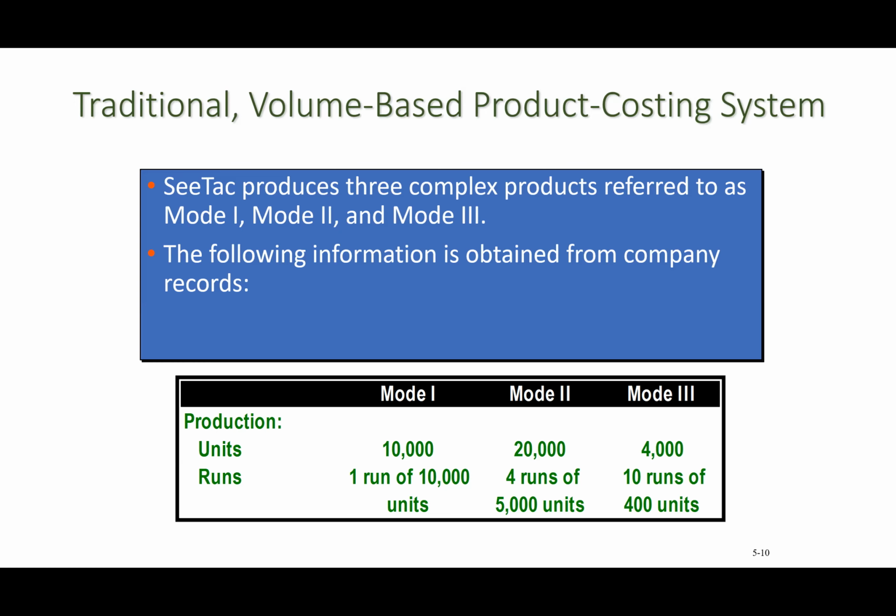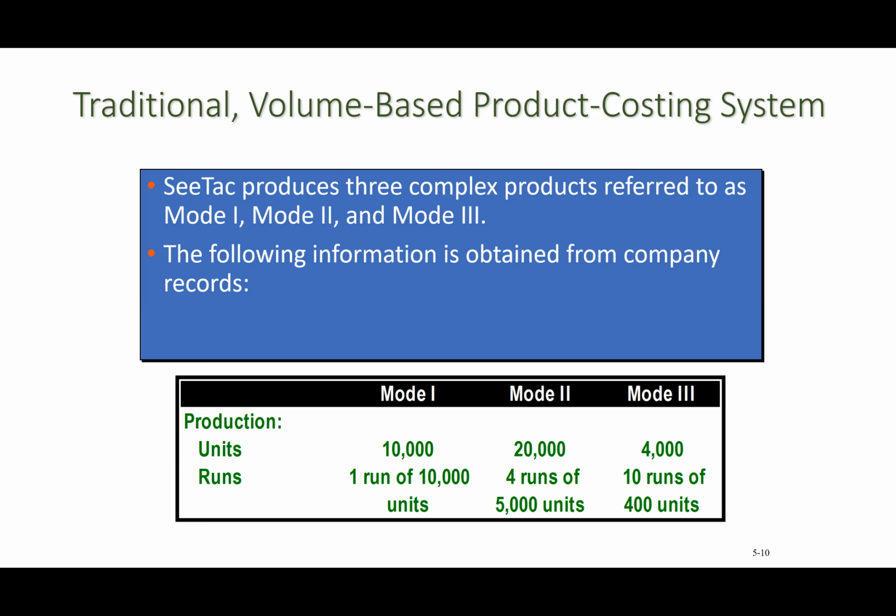So you can clearly see here that although for Model 3 you only produce 4,000 units, you're engaging in a lot more activities in terms of production runs. You did 10 runs, versus Model 1, where you produced 2.5 times as many units but only did one run.